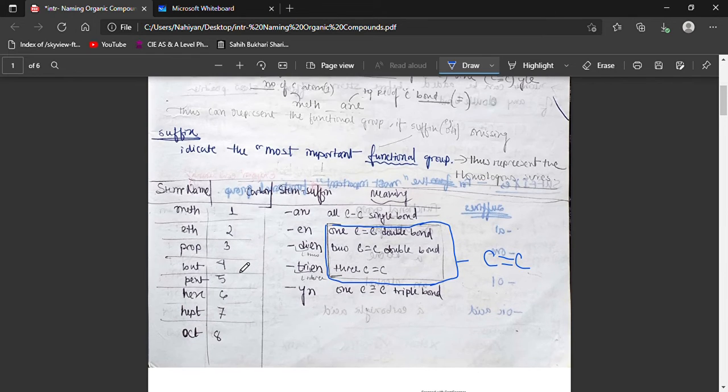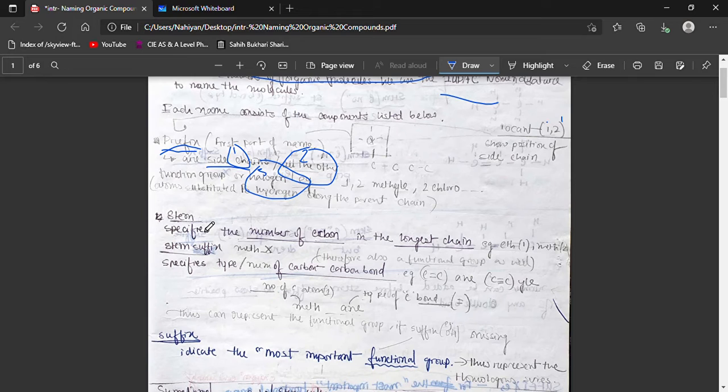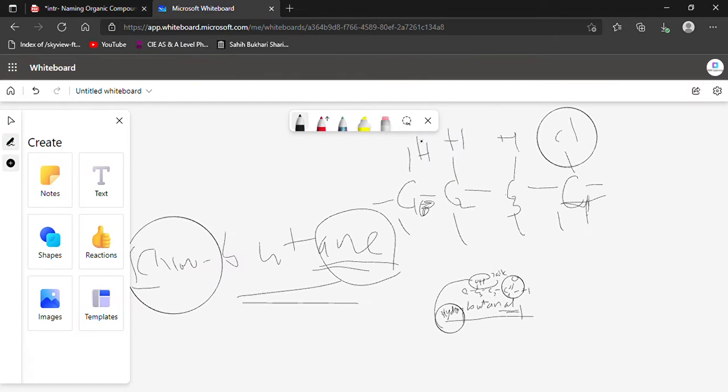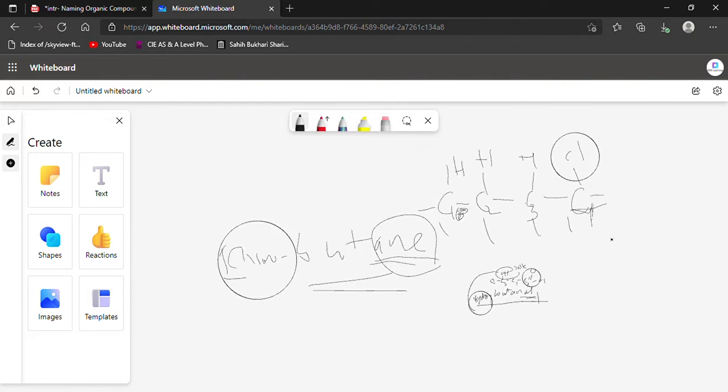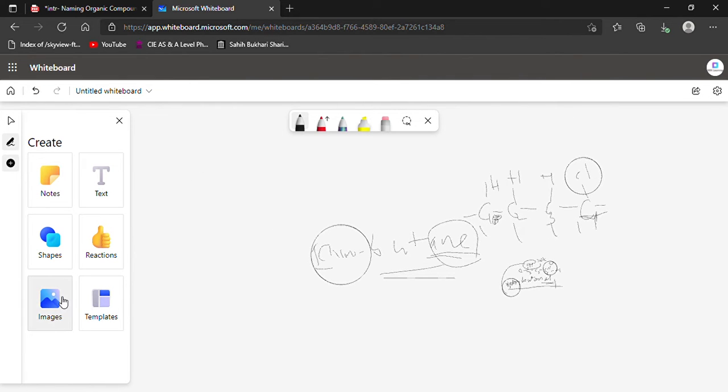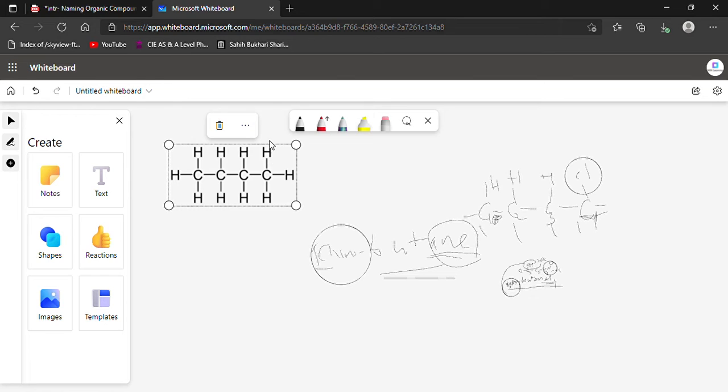So that is the stem. You count the number of carbons. Usually we don't have the prefix, not always do you have a Cl or an alkyl group attached. You usually have the normal chain, without any branches or methyl group or alkyl group attached, and without any other functional group.